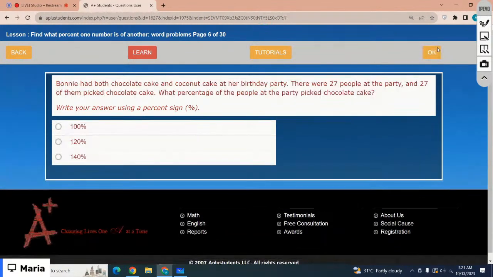Okay, Bowen had both chocolate cake and coconut cake at her birthday party. There were 27 people at the party and 27 of them picked chocolate cake. What percentage of the people at the birthday party picked chocolate cake? Okay, do the calculations on the question in your notebook. Write the answer in the chat box. I'll be back in a while, just 1 minute.